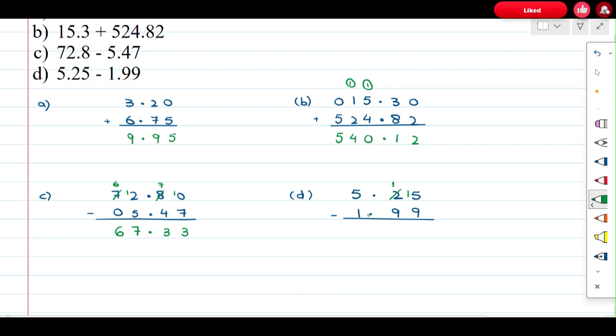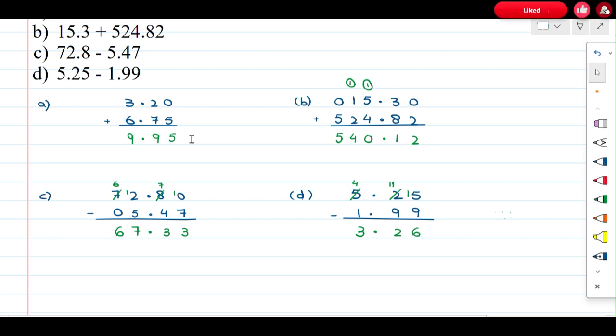From 15 take away 9: 9, 10, 11, 12, 13, 14, 15. It's just 6. From 1 we cannot take away 9, so again we borrow. We are left with 4 over here and give 1 to this 1, making 11. From 11 take away 9, it's just 2. The decimal stays the same. From 4 take away 1 is 3. So 3.26 is the simplified answer.